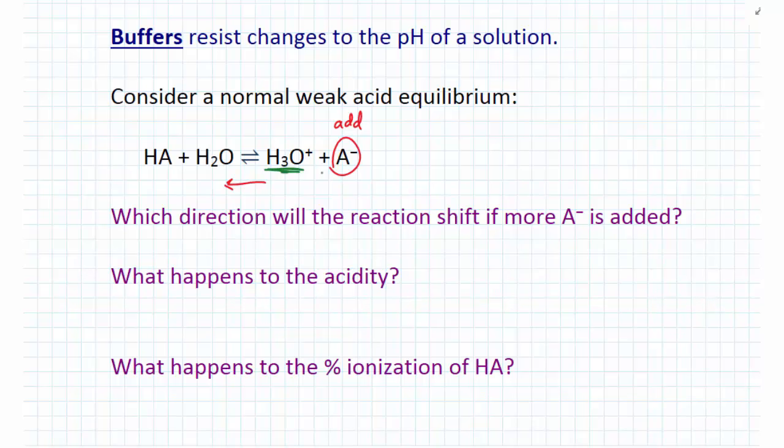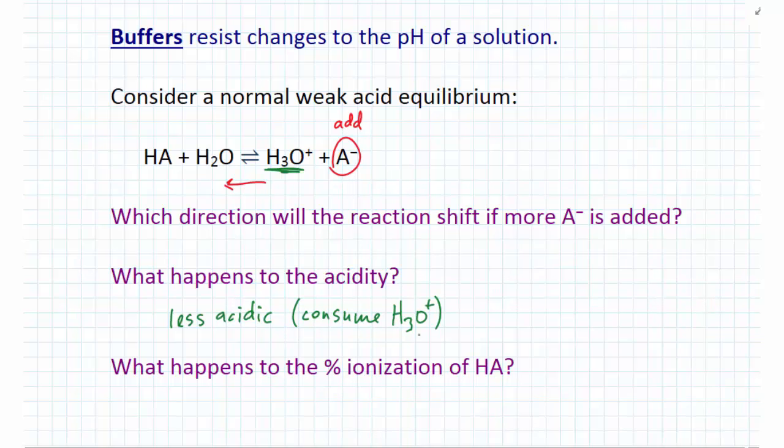So it becomes less acidic as we consume hydronium. What direction does that take the pH, though? Yeah, pH up.